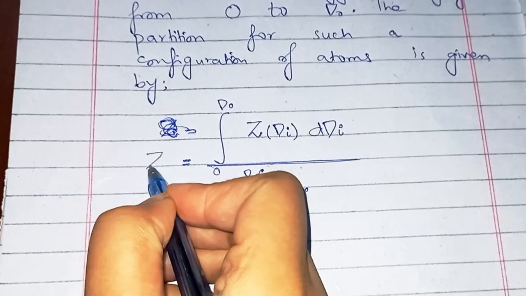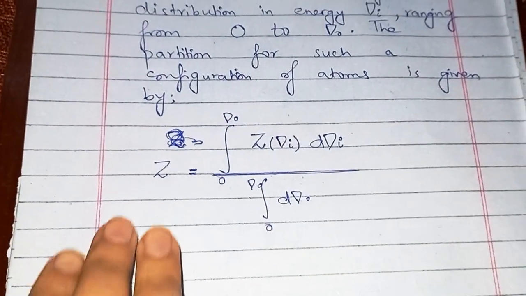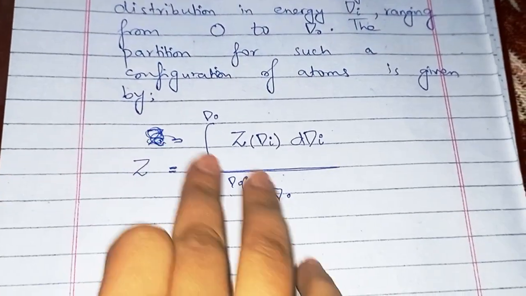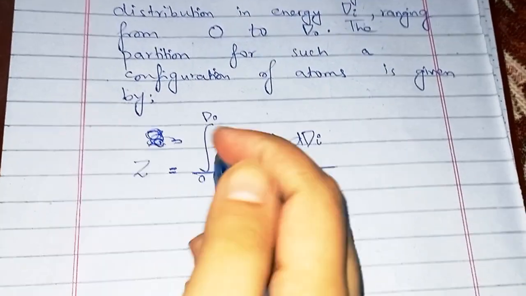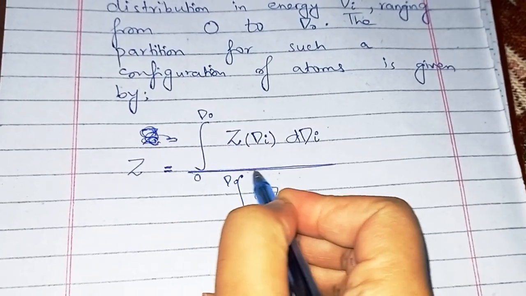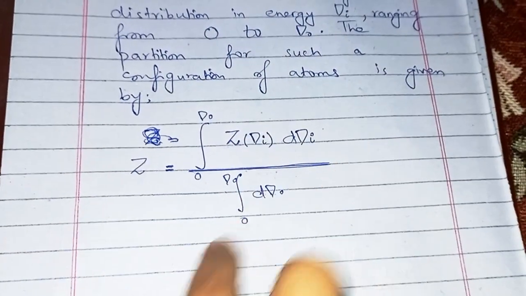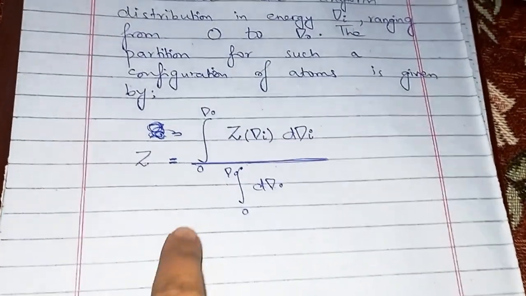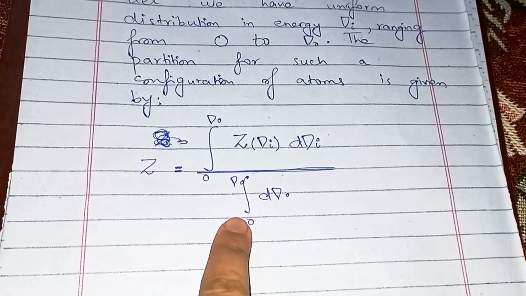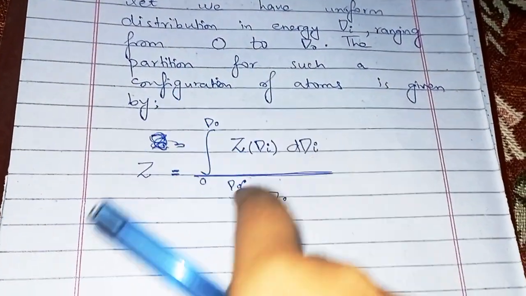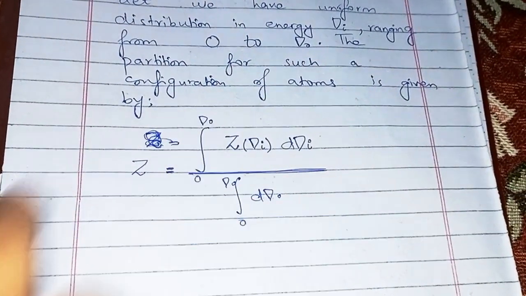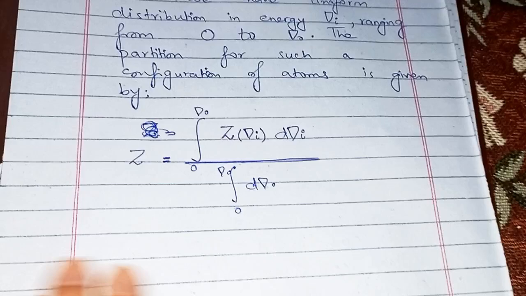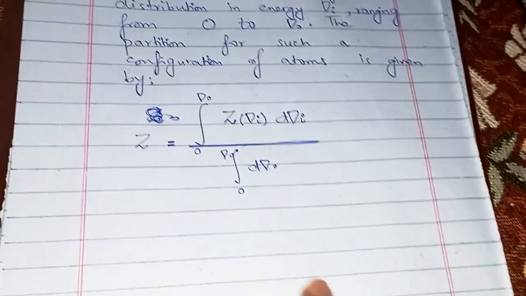So you should write Z here, because I was unsure about where I was going to write. Z should be equal to this, parallel to this line above and below this term. Okay, so this is the averaging of the partition function of a single atom over the range 0 to delta naught. Okay, we'll average it out, simplify it, and get the result.